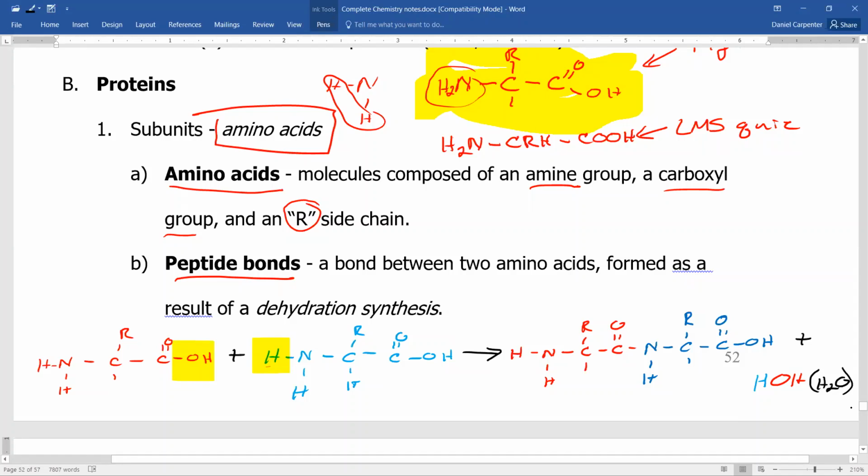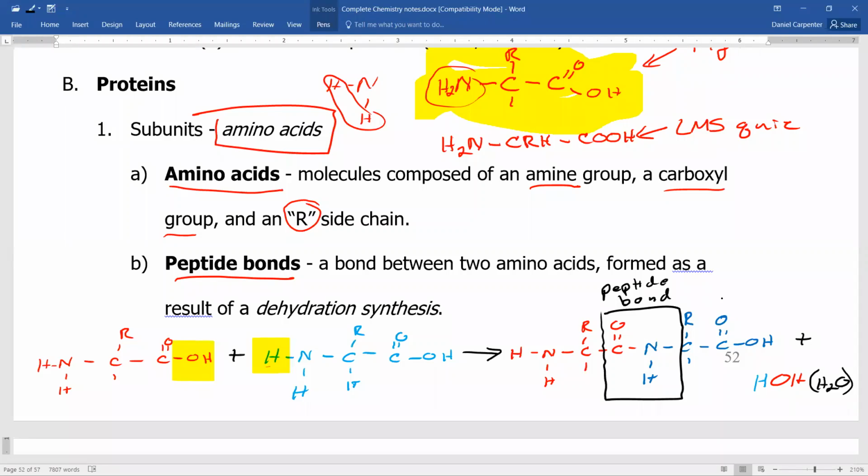Now, a couple of things. First of all, this right here is the peptide bond. And you don't have to do colors, but you should put this picture in your notes, because somewhere along the way, somehow, if I figure it out, I'm going to be asking questions about this.